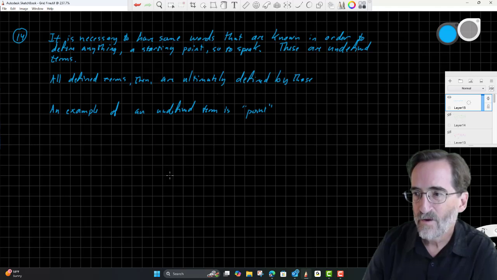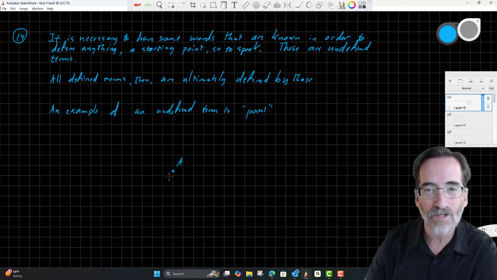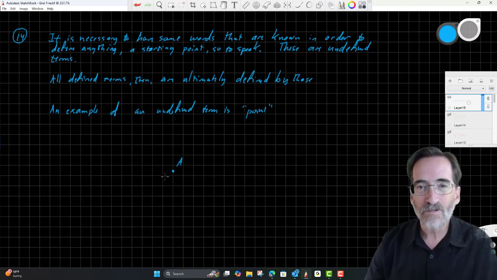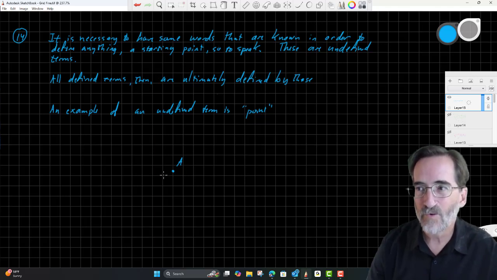Okay, I can try to describe it. It's this dot right here, but it's not really this dot because it has no thickness, no dimension, no width, no depth, no height. So it really can't be drawn. And it's at a particular location in space, right? Right now it's on my screen, but it exists in 3 dimensions, a point, right?